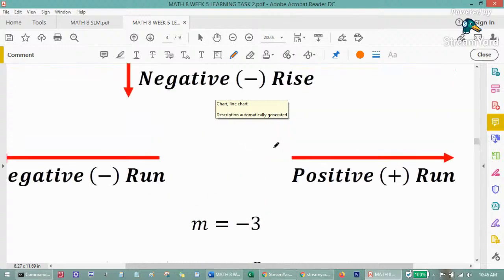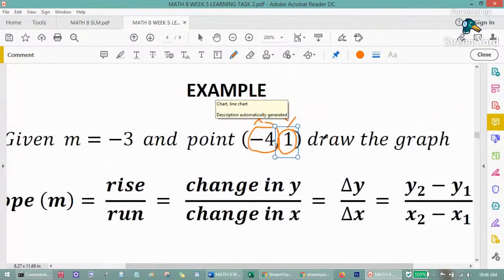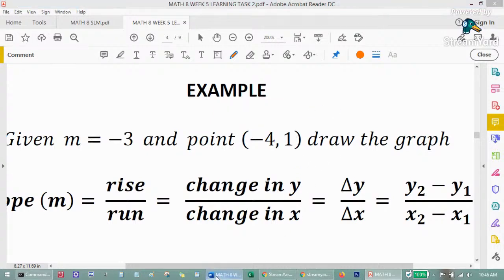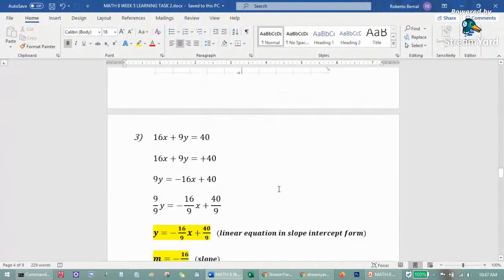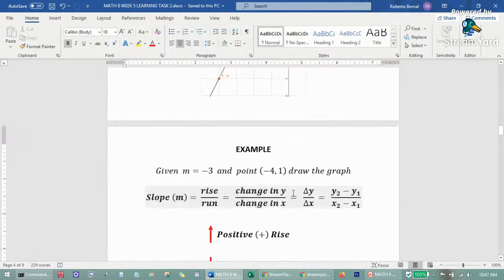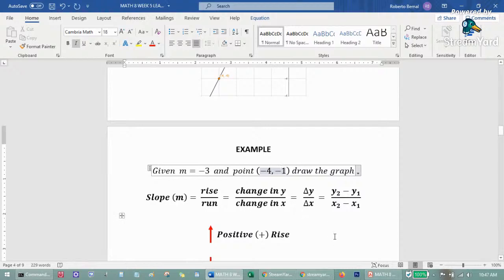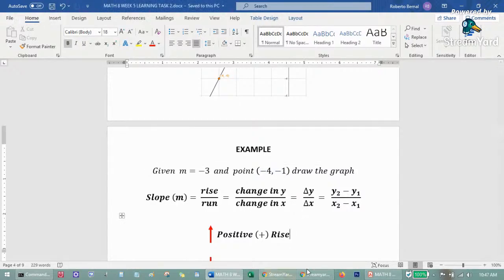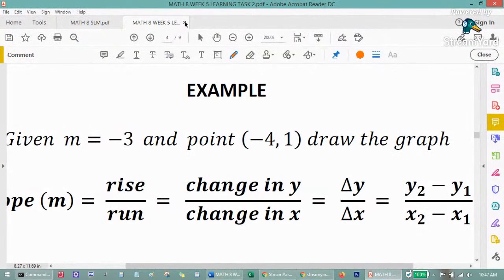Okay, so may konting correction dito, no? May correction lang tayo. So, ito pala ay hindi positive 1, yan ay negative 1. Okay? Update ko lang saglit para hindi ko makalimutan. Saglit lang.